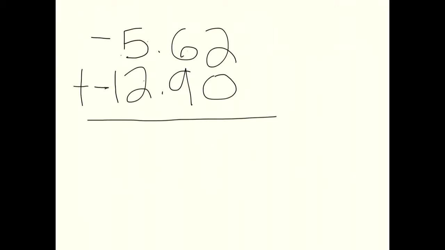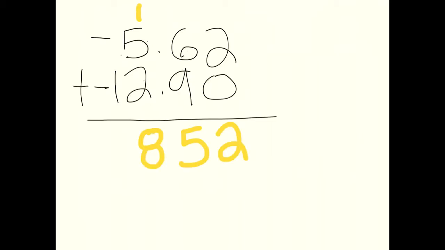To do this problem, you had to add 0 to your placeholder. Now you do 2 plus 0 is 2. 9 plus 6 is 15. 5 plus 2 is 7 plus 1 is 8.